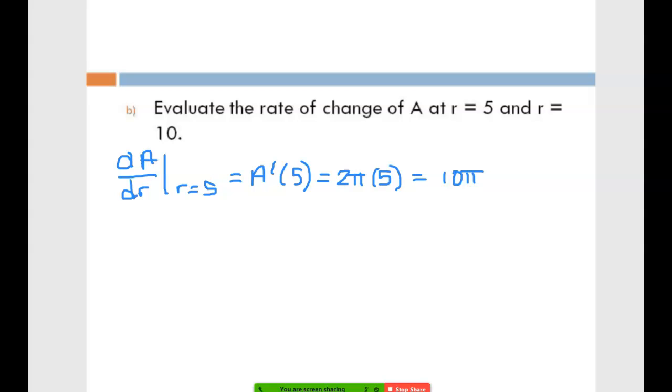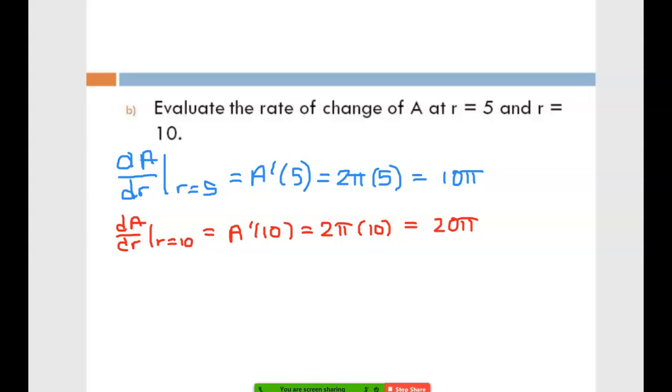Let's look at 10. So is the rate of change from 5 to 10 getting smaller or larger?